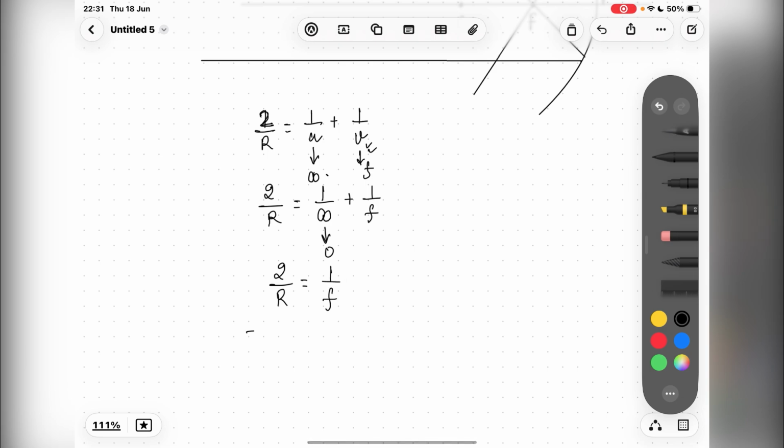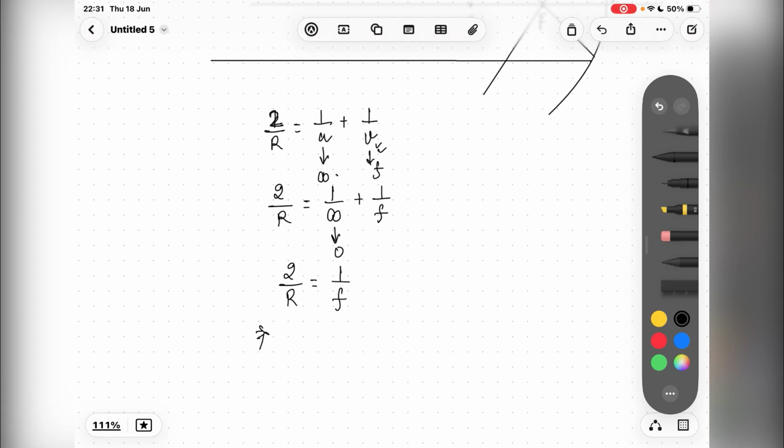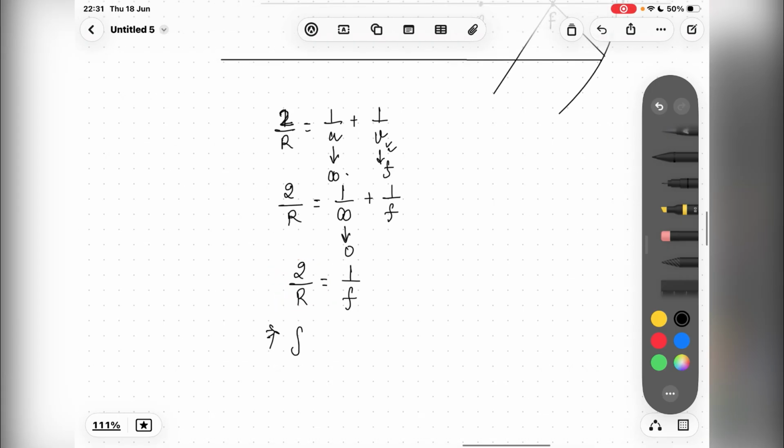And from here we arrive at the conclusion f is equal to r by 2. That's why I wasn't writing f earlier, because we were yet to derive the relation between f and r.